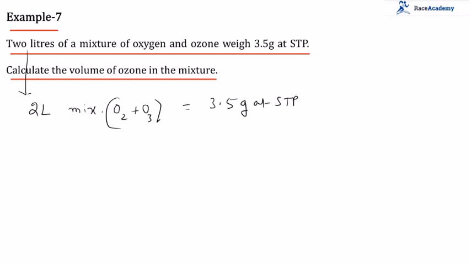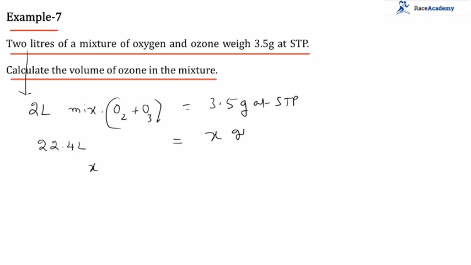But we know that at STP, if the mixture is 1 mole, we can consider it as 22.4 liters of this mixture. How many grams will this contain at STP? Assume x grams.